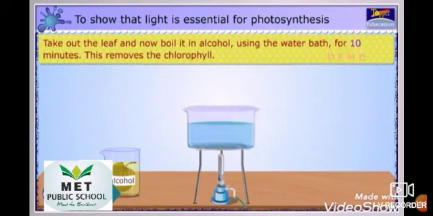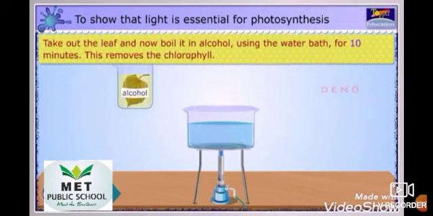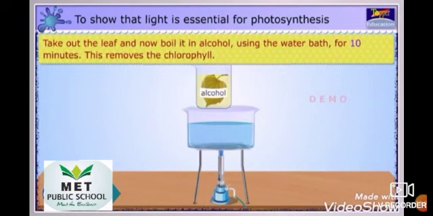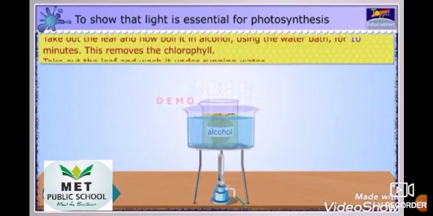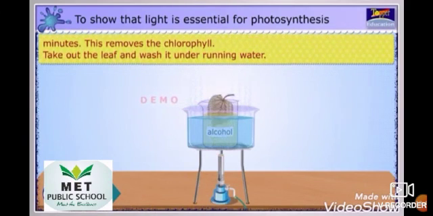It will remove all the chlorophyll that is present. Are you observing this? The outside beaker contains water, the inside beaker contains alcohol. After 10 minutes you can see that the chlorophyll is fully removed.